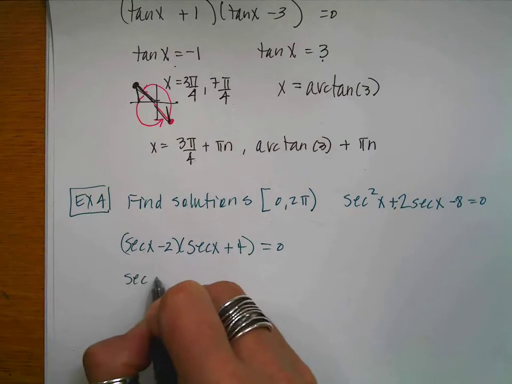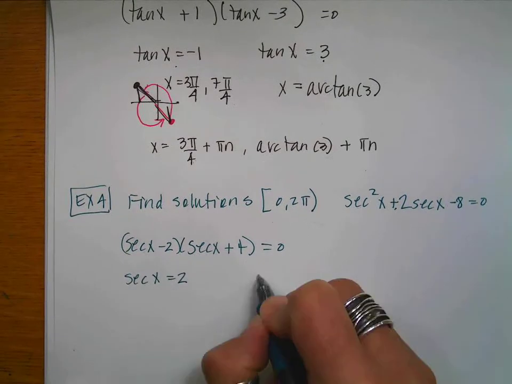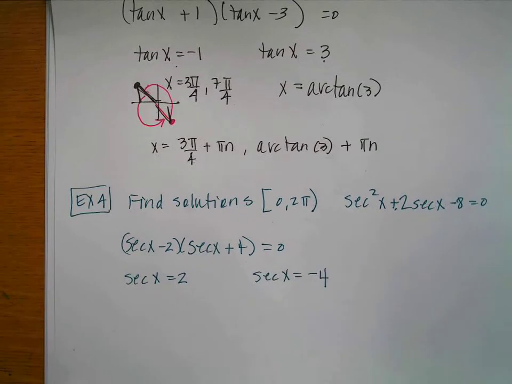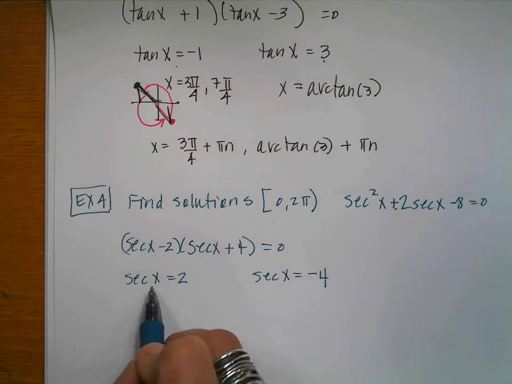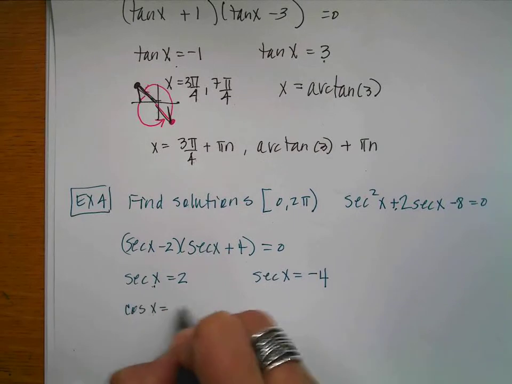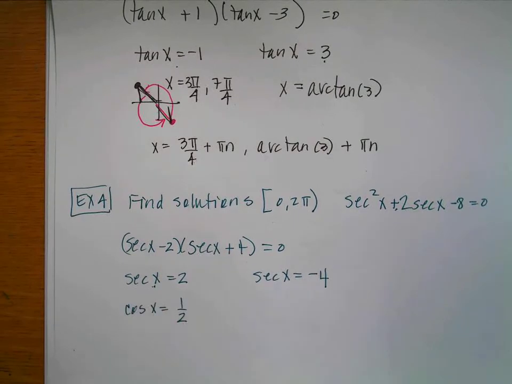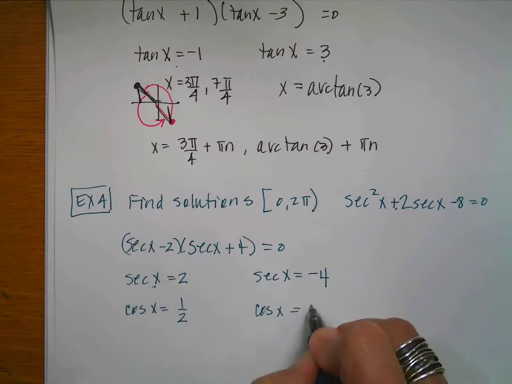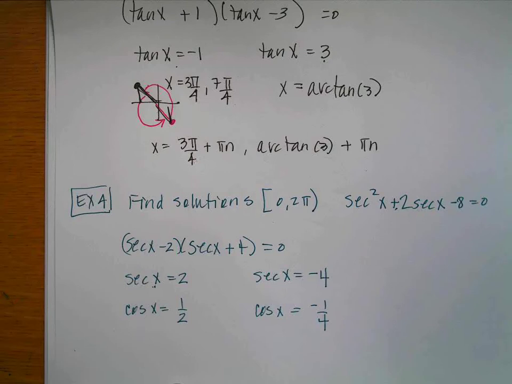Okay? So this one's going to say that the secant of x is equal to 2, and this one says the secant of x is equal to a negative 4. Secant is the reciprocal of cosine, so that means that the cosine of x is going to equal a half. And then on this one, the cosine of x is going to equal a negative 1/4.